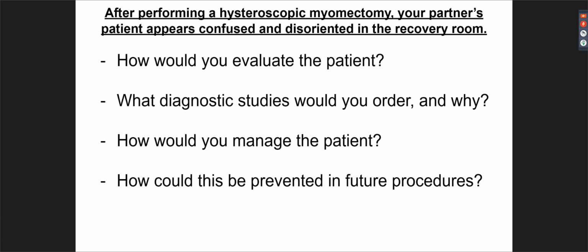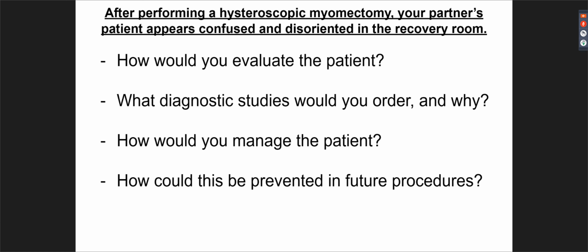So how could this be prevented in future procedures? Well, the most important thing would be very close monitoring of the patient's vital signs, and ideally, if available in your institution, some sort of automated system that tracks intake and output throughout the procedure.